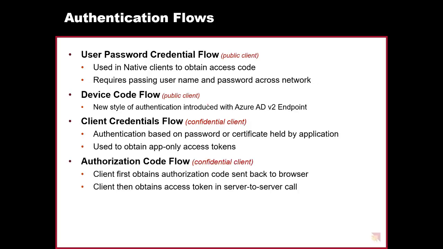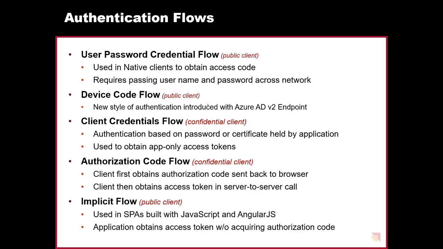Now, there's also what we think of as the most secure authentication flow, which is authorization code flow. It only works from a confidential client, and it requires server-side secrets to be kept. Okay. And we also have implicit flow, which is used when I have something like a single-page application.